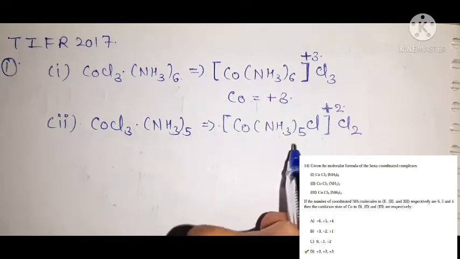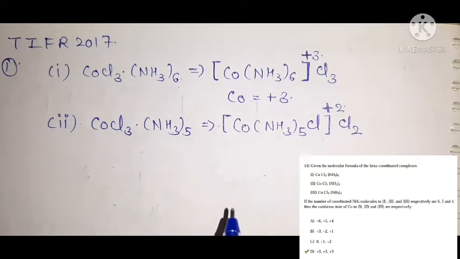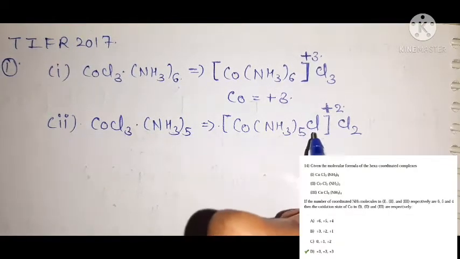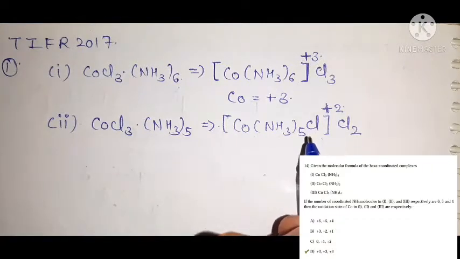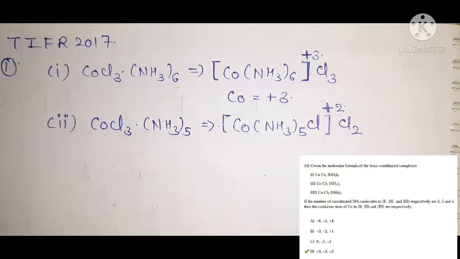Here you know very well that not all ligands are neutral in nature. Here we have an anionic ligand also, which is a deciding factor when you decide the oxidation state of the metal.